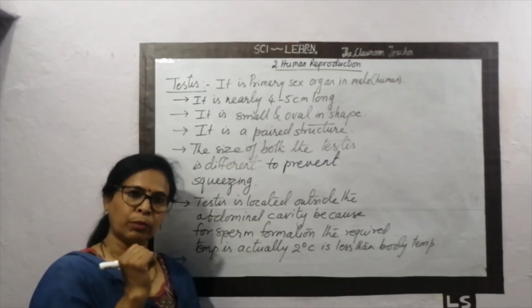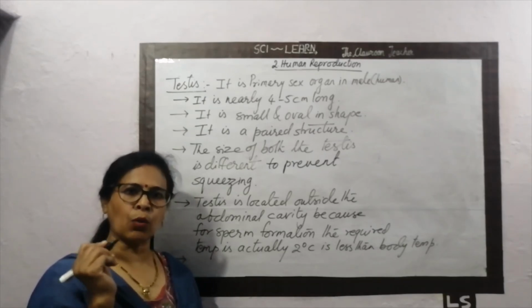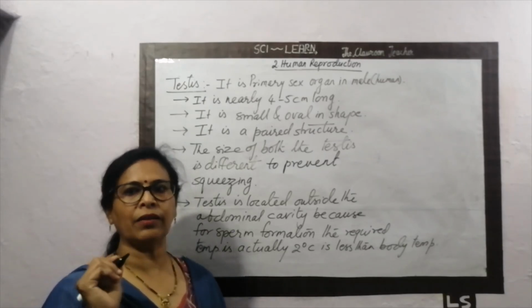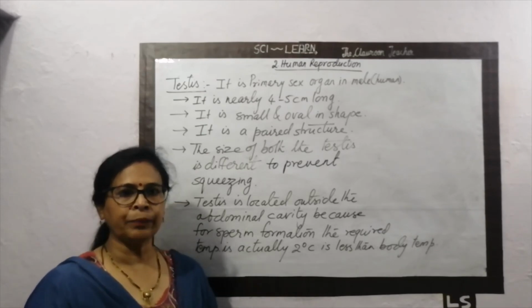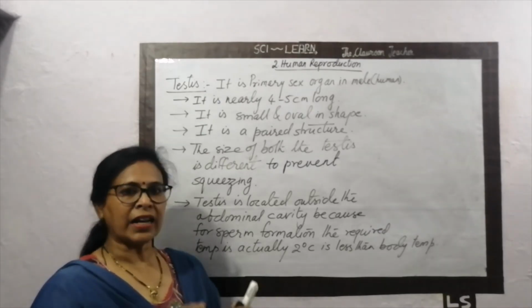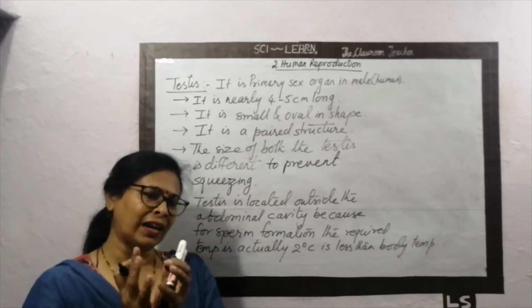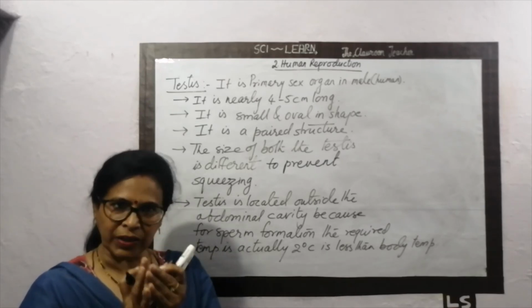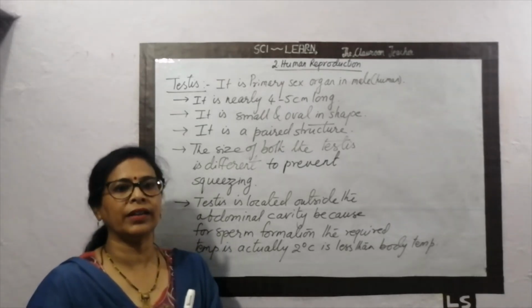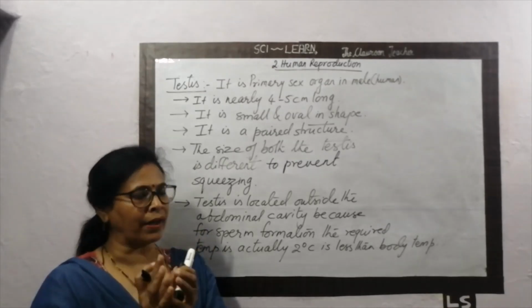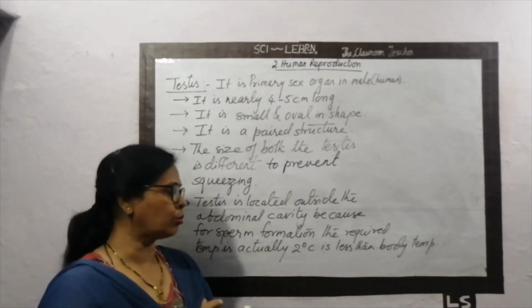Now what is more about the testis? When it is placed outside the abdominal cavity, what is the place where it is placed? Actually, it is placed in a bag-like structure. Testis is placed outside the abdominal cavity in a pouch, and that pouch is called a scrotum.